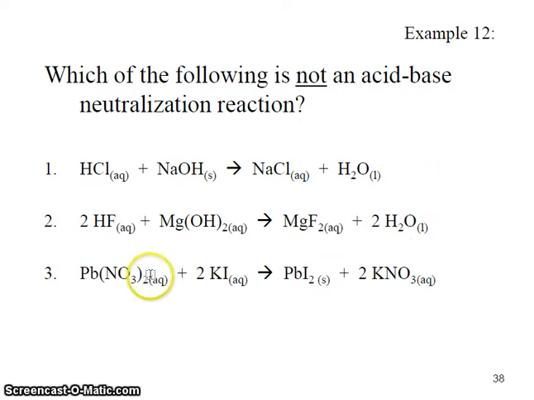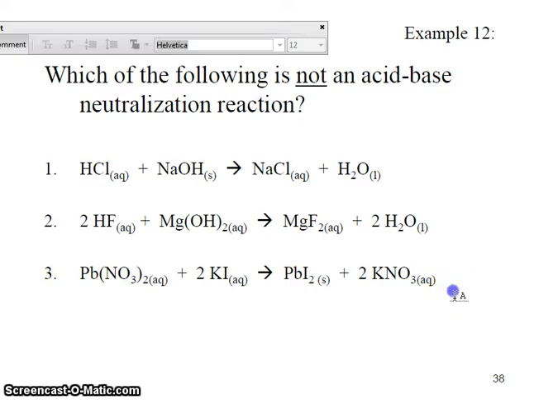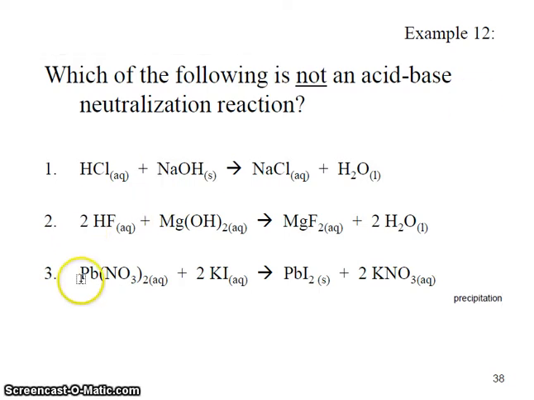The last reaction shows you starting materials of two aqueous solutions, two clear solutions, which upon mixing with each other generate a solid. So that's the case of a precipitation reaction. Let's write that somewhere. Precipitation reaction. So the correct answer to this question is the last choice.